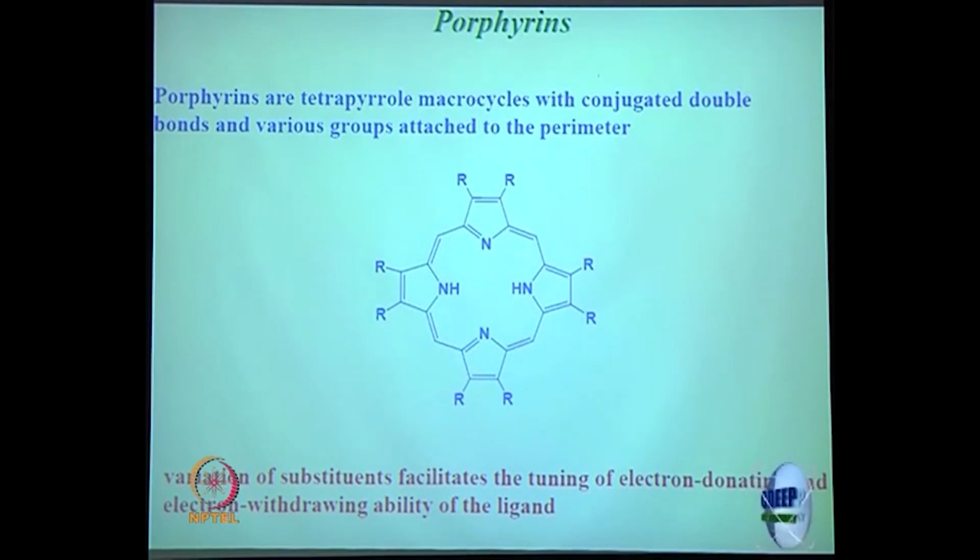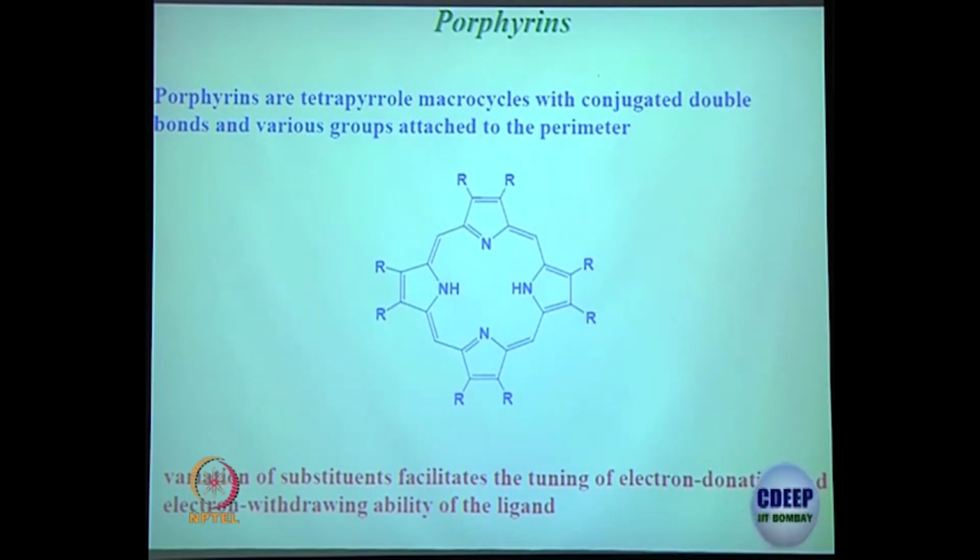Usually what we have seen so far in the amino acid backbone is a monodentate ligand, right? It means only one coordination site is there. Let's say a phenol oxygen can bind, or an imidazole nitrogen can bind. But in porphyrin, these four nitrogens can bind, and if you put a metal center over there, you can see 1, 2, 3, 4, 5, 6, a six-membered metal ring will be formed.